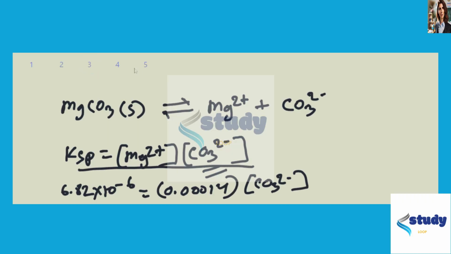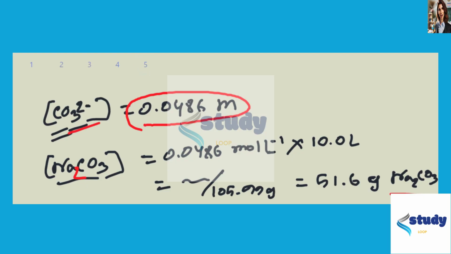Since the carbonate ion also comes from the sodium carbonate we are adding, and we get 1 mole of carbonate ion from each mole of sodium carbonate, the concentration of the carbonate ion is basically the concentration of sodium carbonate.